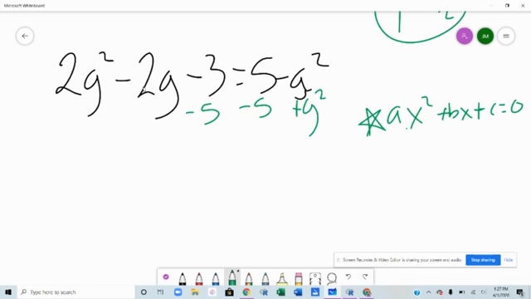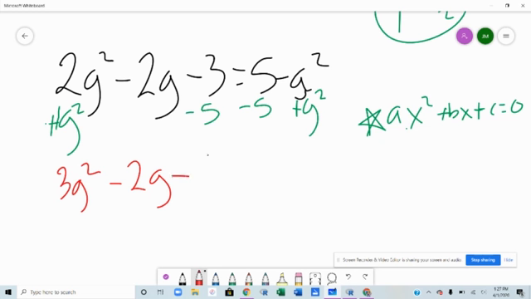And if you look over here, look for like terms. 2g squared is a like term, so add g squared. 2g squared plus 1g squared gives you 3g squared. You didn't do anything with the minus 2g. Negative 3 minus 5 is negative 8 equals, cancels, 0.